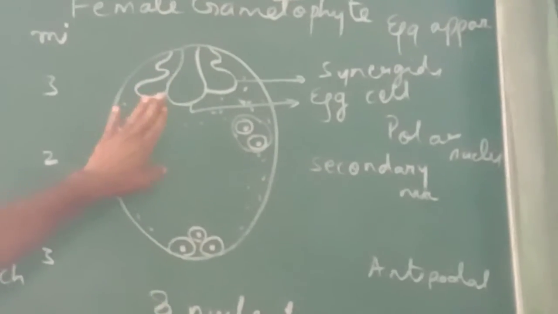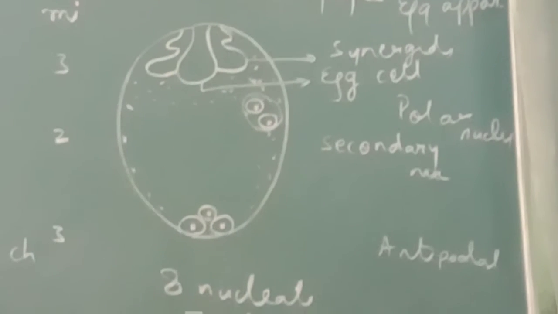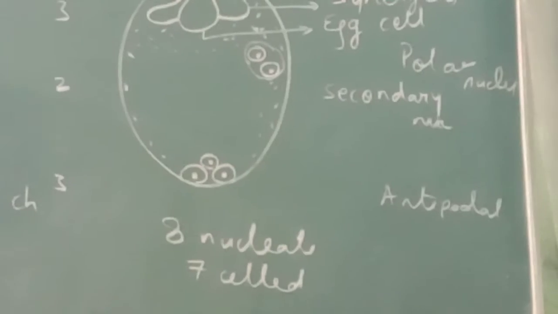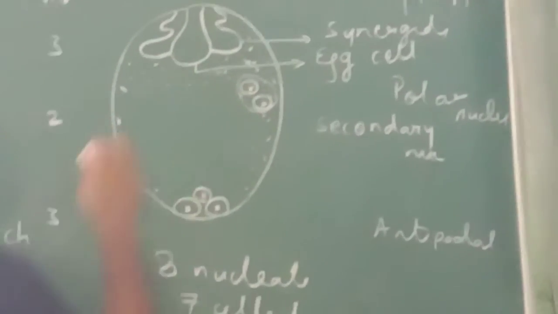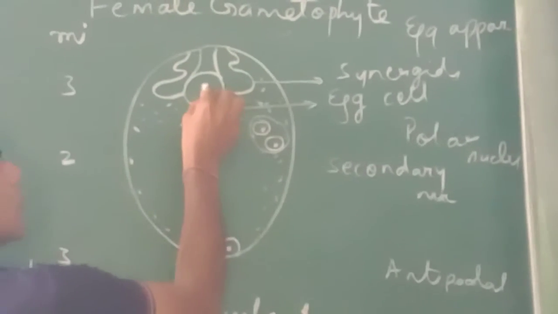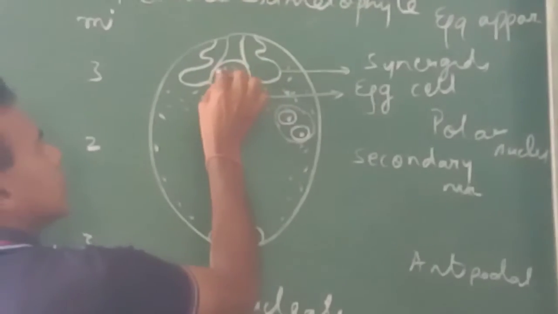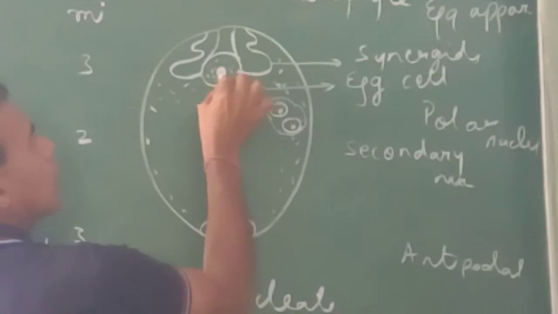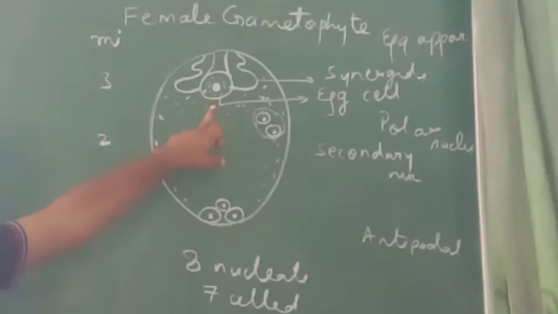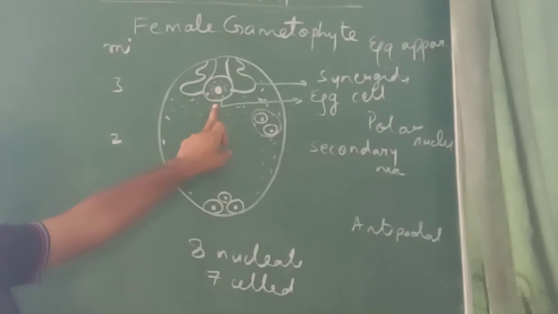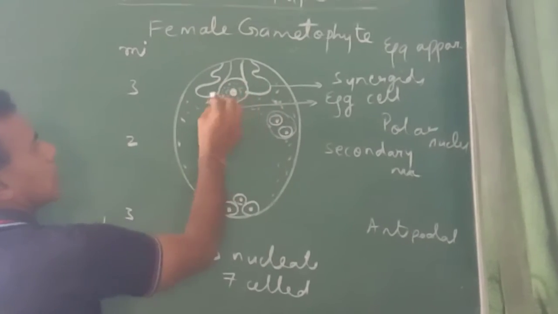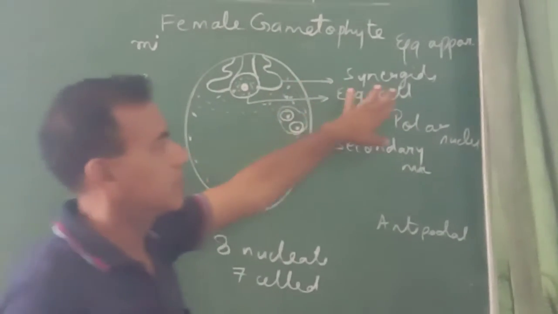Now, first of all, coming to the egg apparatus and its various parts. This cell is the egg cell, in which the cytoplasm is present on the lower side. It has the female nucleus with which sperm cell 1 is going to fuse and make the zygote or embryo. These two cells are known as synergids.